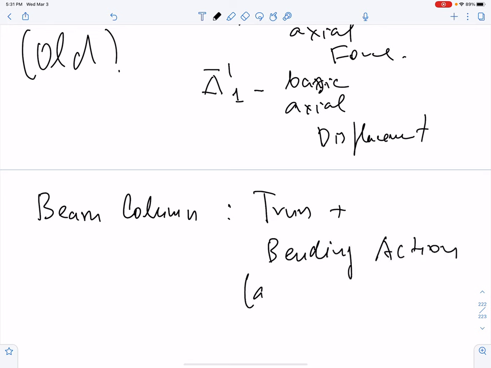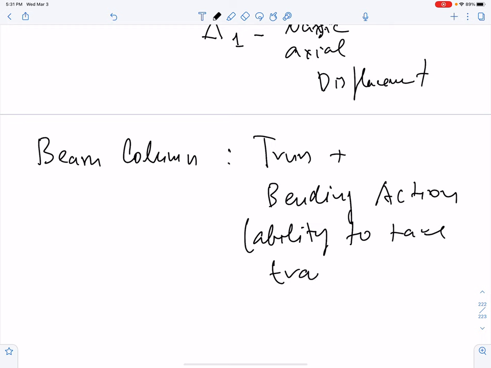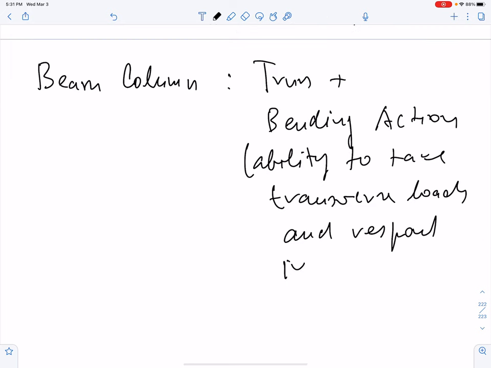Or the ability to take transverse loads and respond in bending.